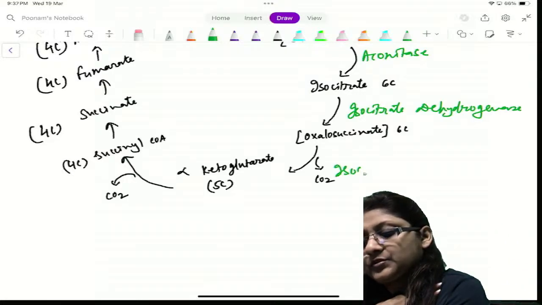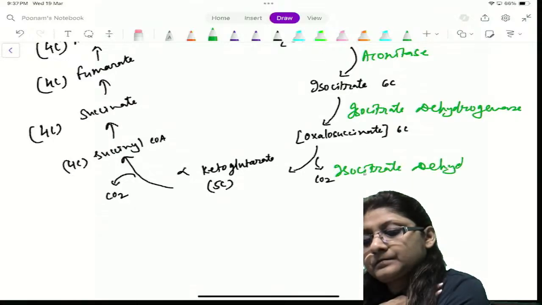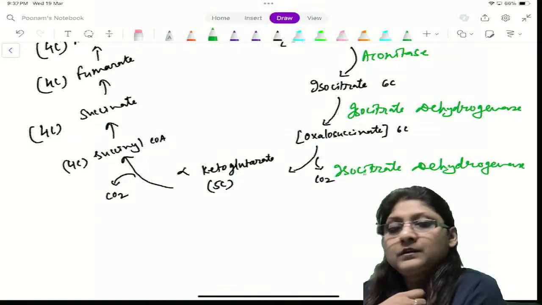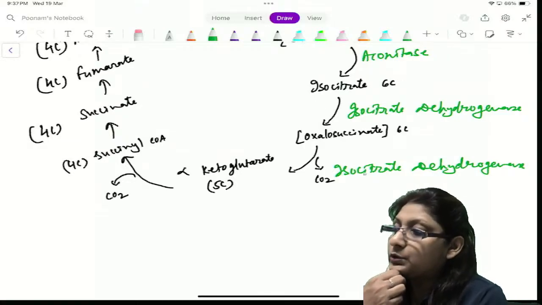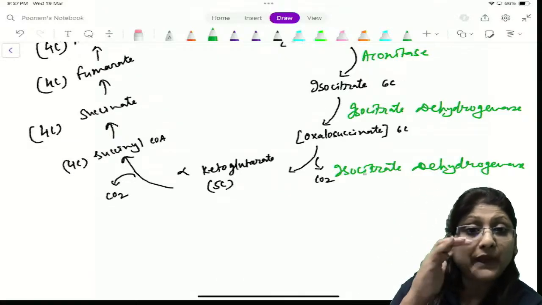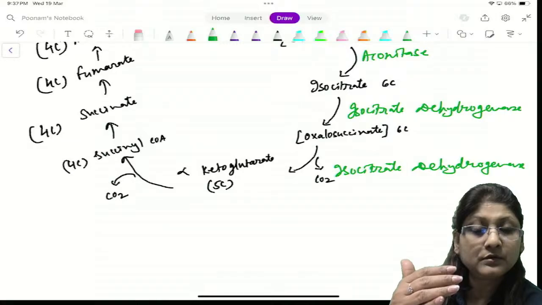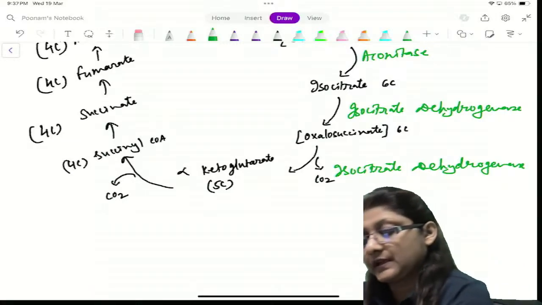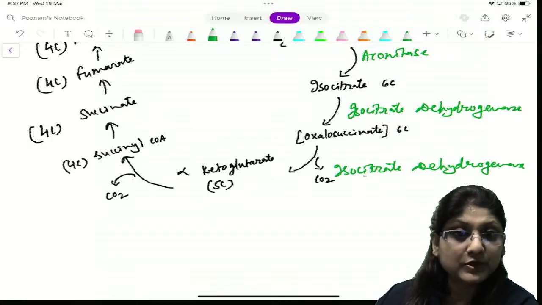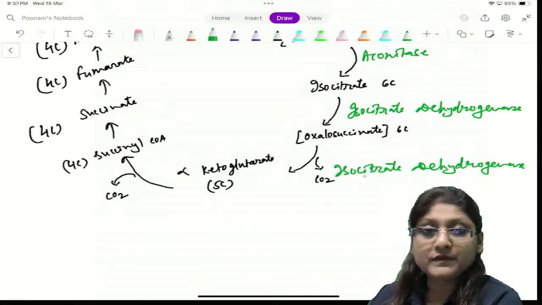Here also we write isocitrate dehydrogenase. Then what is the enzyme complex which is going to act on alpha-ketoglutarate? You can even guess. It is going to be the alpha-ketoglutarate dehydrogenase complex. This is a complex of enzymes, just like your PDH complex, which I told you about in the previous session.